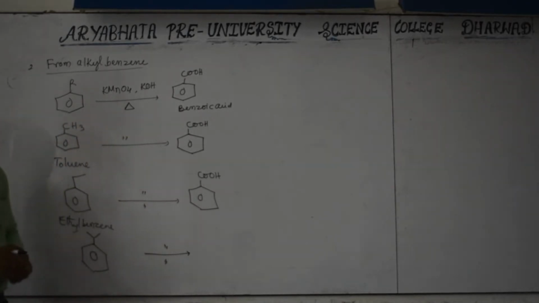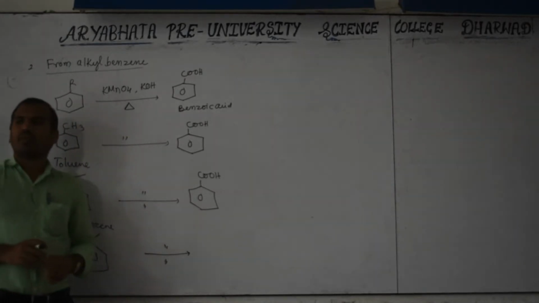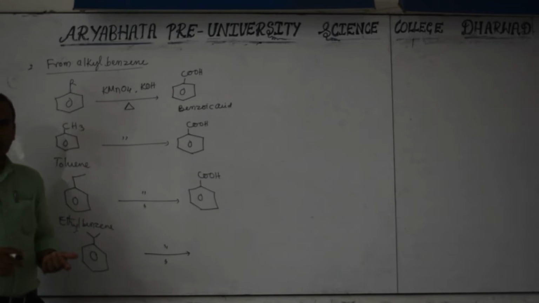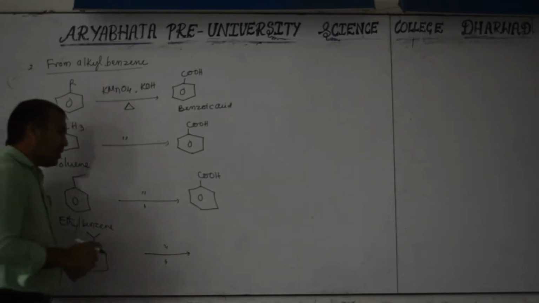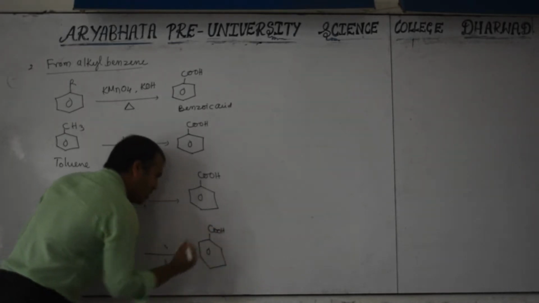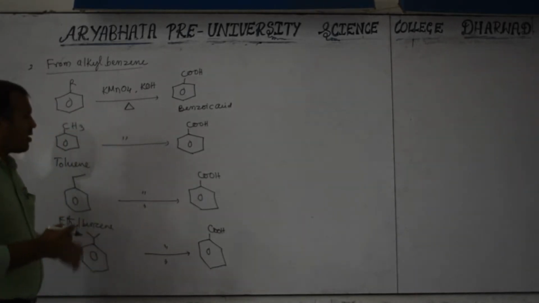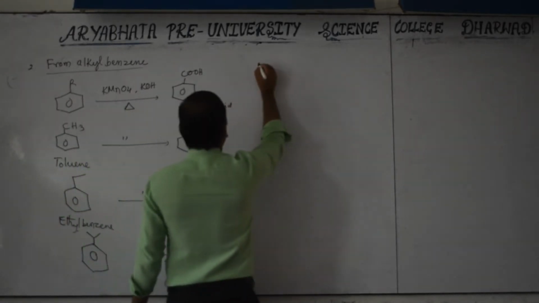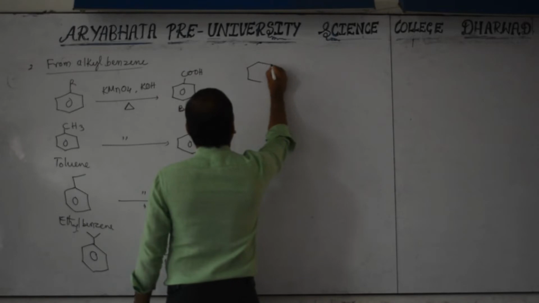Chromic acid is K2Cr2O7 and concentrated H2SO4 for acidic medium. This is converted into COOH. All are converted to COOH only, irrespective of chain length.